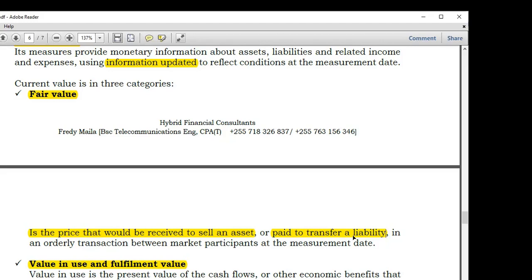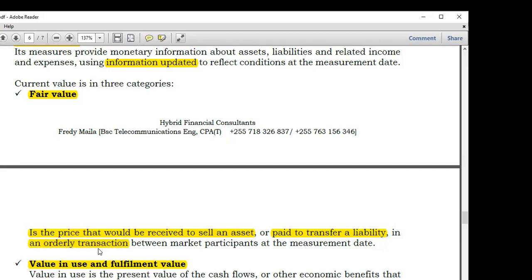Let's say someone cannot secure the loan from the bank directly, they have to use you, something like that. So it's the price that would be received to sell an asset or paid to transfer a liability in an orderly transaction. What do we mean by an orderly transaction?